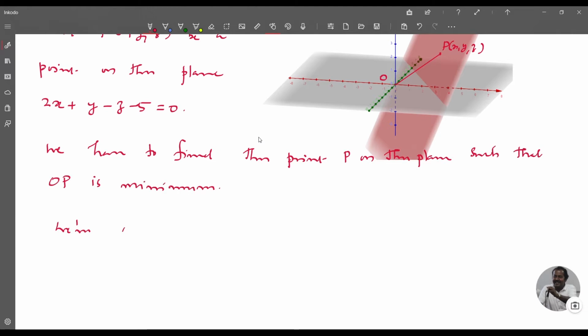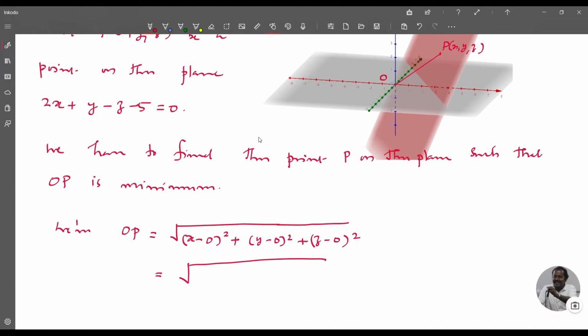OP is the distance from the origin to (x, y, z). So it is equal to the square root of (x minus 0) the whole square plus (y minus 0) the whole square plus (z minus 0) the whole square. That is the square root of x square plus y square plus z square. So this is OP.